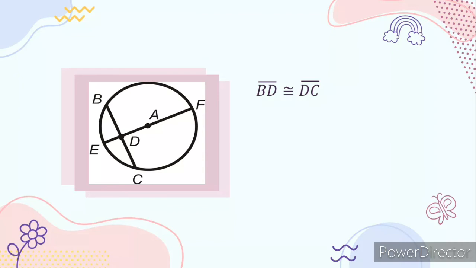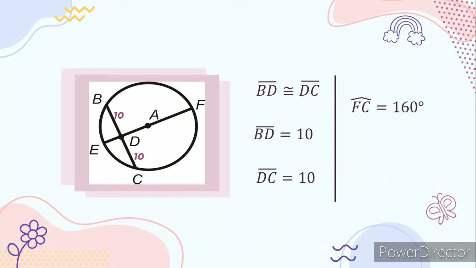For example, line BD and line DC are congruent because the two lines intersect and make a 90-degree angle. Therefore, if the measure of line BD is 10, then the measure of line DC is also 10, same as their arcs. If arc FC is 160 degrees, then arc FB is also 160 degrees.